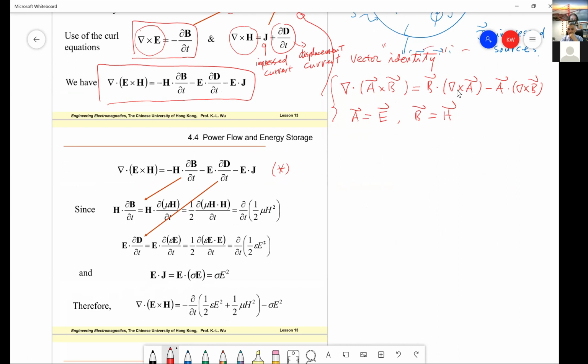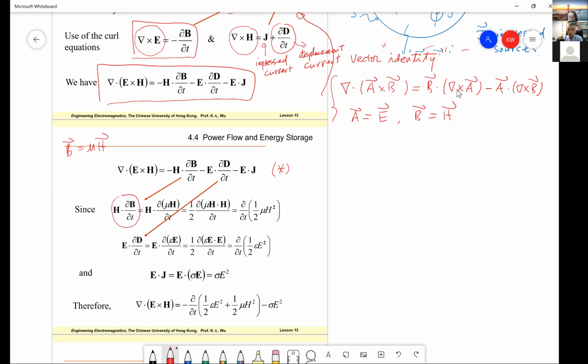Then let's study it term by term. The first term is this. Because we know B is mu times H, we are going to discuss this, we call it the constitutive relation, in the next hour.